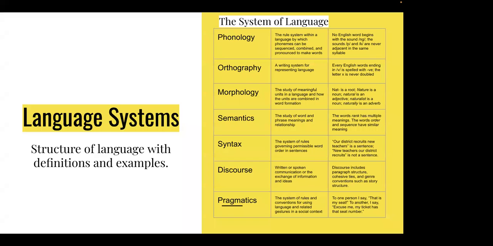Syntax is the system of rules governing permissible word order in sentences. And when we are evaluating ELL students in their language proficiency, especially in writing, it is the rules that govern English language and writing that make it easy to identify intermediate, advanced, high, because there are certain things, like double negatives, that don't sound correct in English because they go against these syntactical rules.